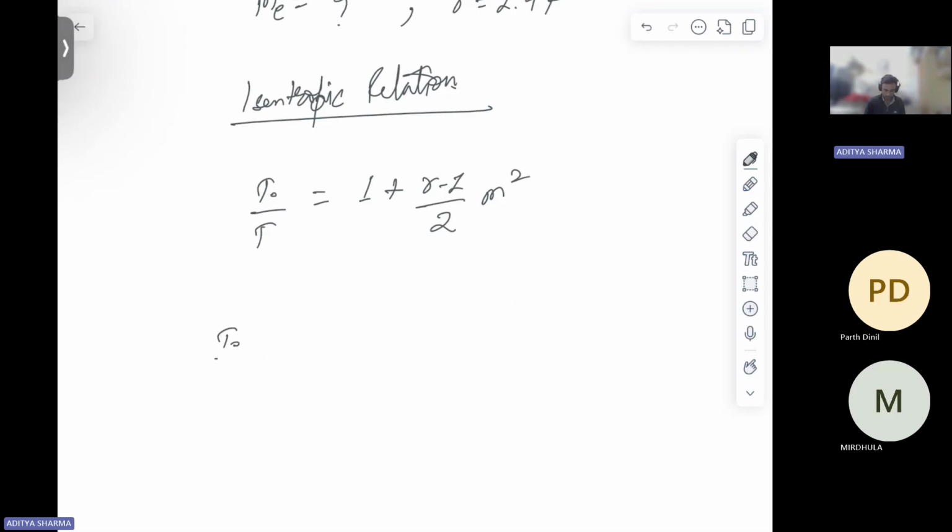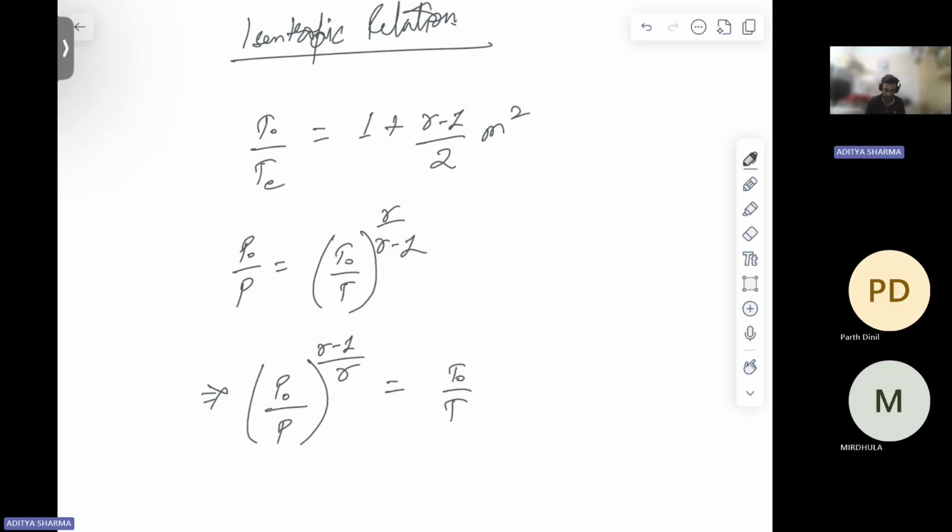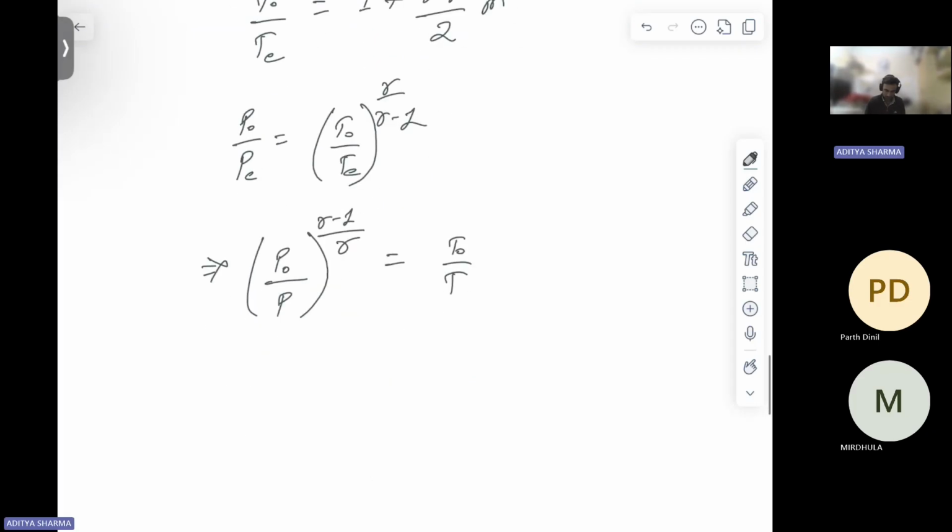So what I'll do is, because P naught by P is T naught by T raised to gamma by gamma minus 1, now I can write this as gamma minus 1 by gamma, T naught by T. And because the static exit pressure has been given, I can do this this way.